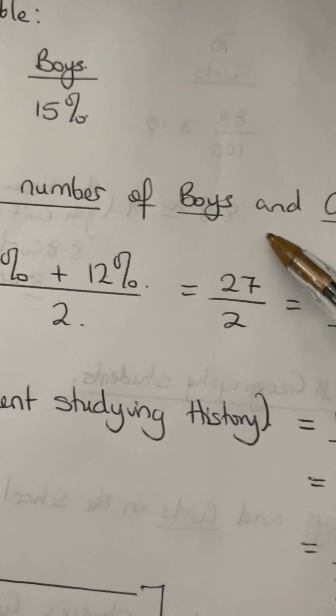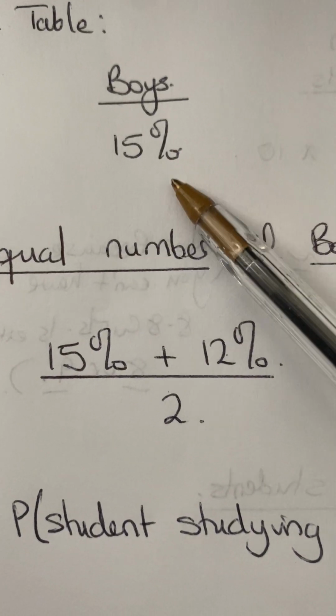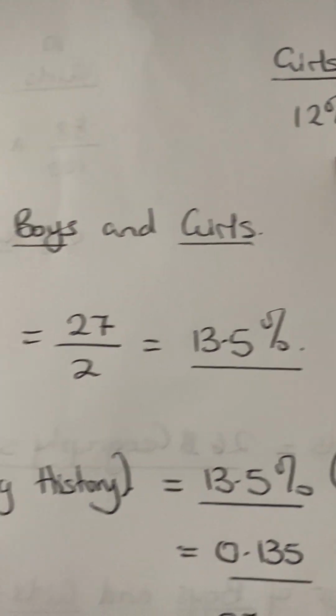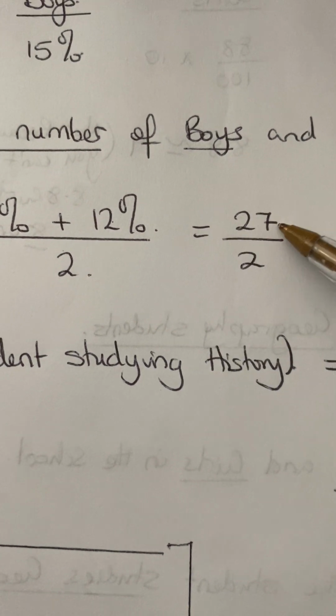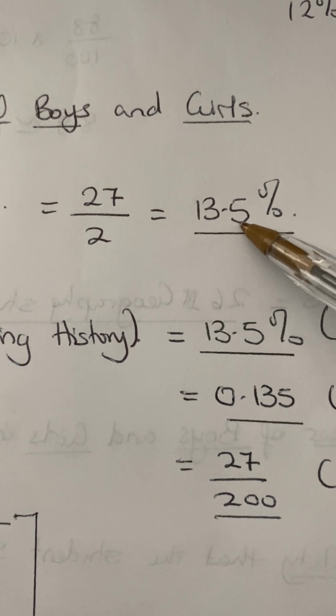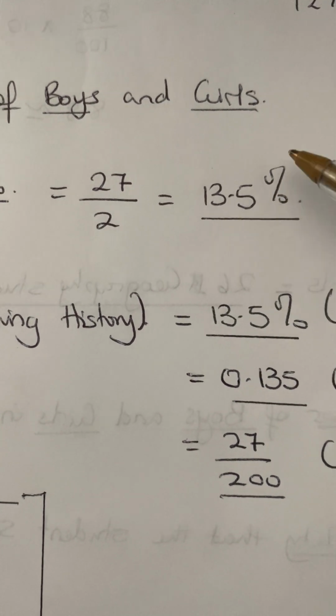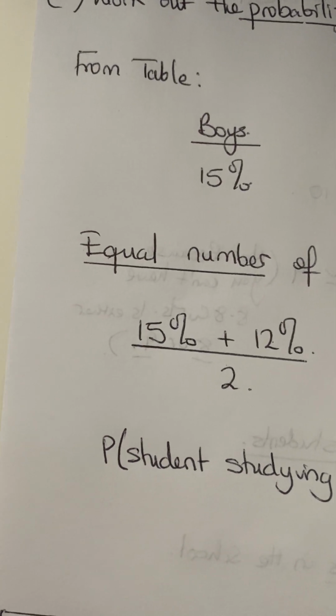So equal number of boys and girls again. So I'm going to add 15 to 12 and divide by 2, which is 27 divided by 2, which is 13.5%. So that will be the probability.